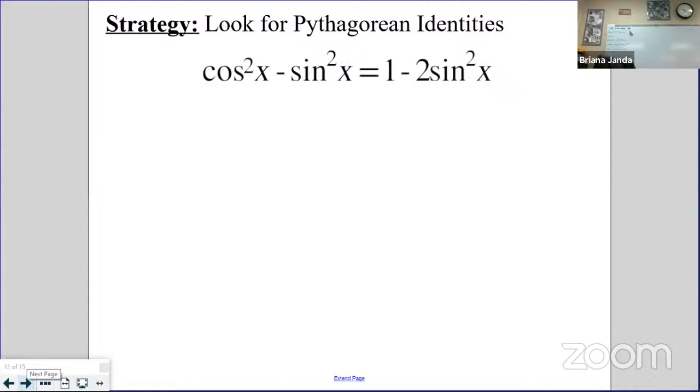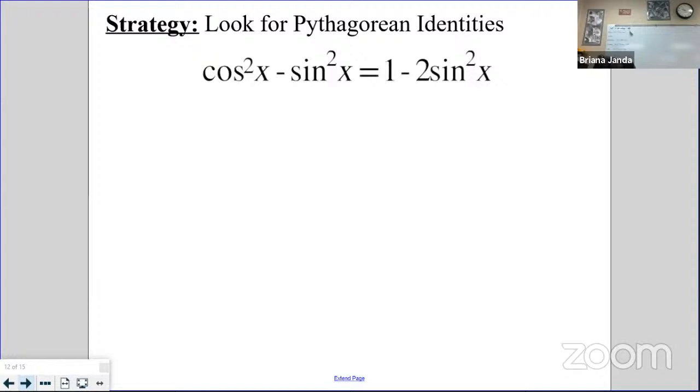Okay, so let's try another version of Pythagorean identities. When we are verifying, I am always going to encourage you to try to work with the side that is more complex. But as you look at this problem up here, don't the two sides look equally complex? There's not one side that's obviously more complex than the other.